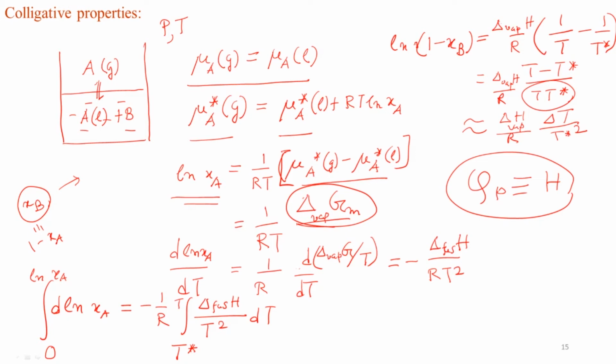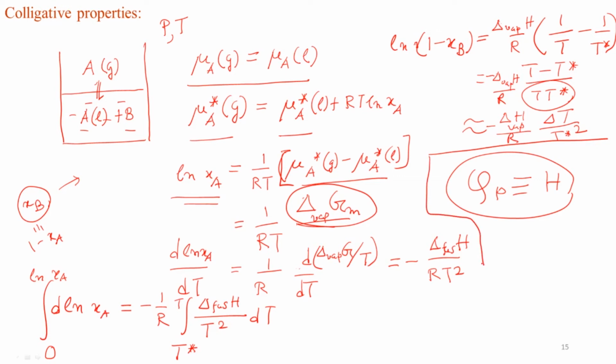This is just an approximation. So what we just saw is that there will be a negative sign here somewhere. It is 1 over T minus 1 over T star, so there will be, I guess, a negative sign here.